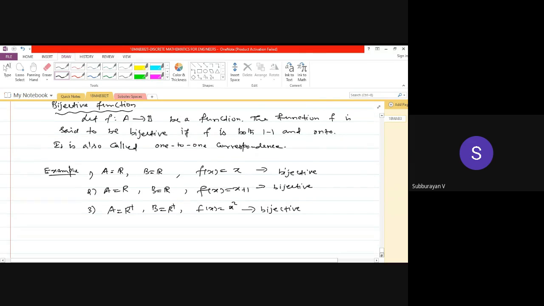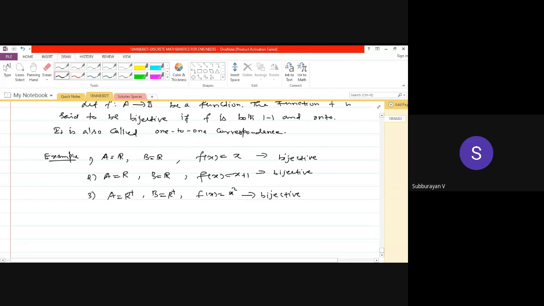Whereas if you remove R plus, instead of A equal to R plus, if you choose R, then it won't be bijective. A is equal to R and B is equal to R plus, then I define f of x equal to x square.